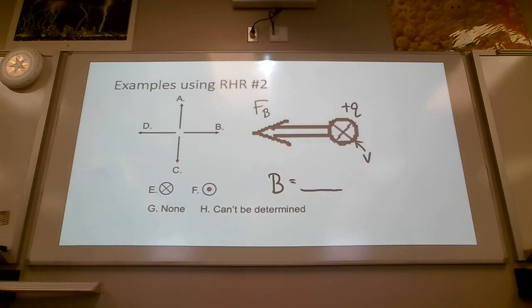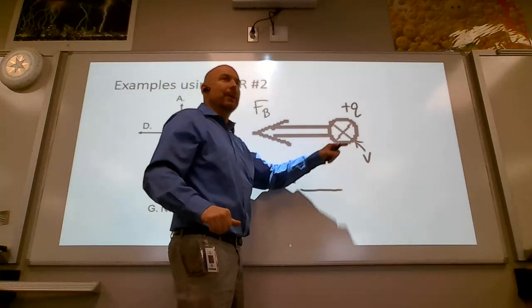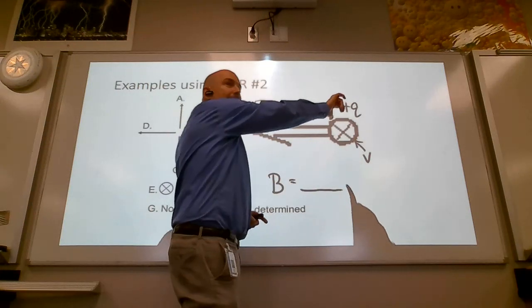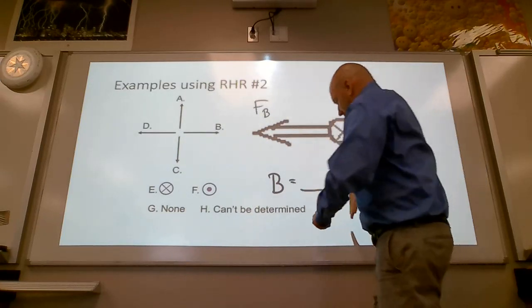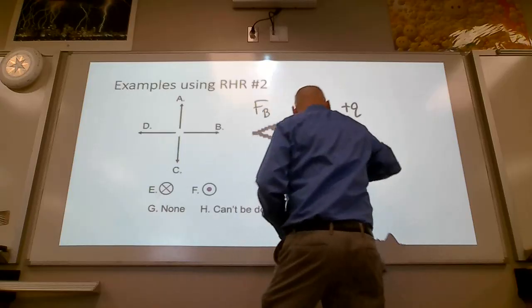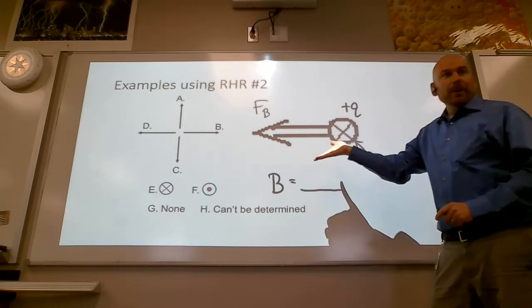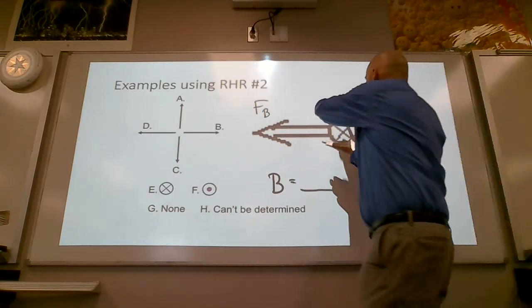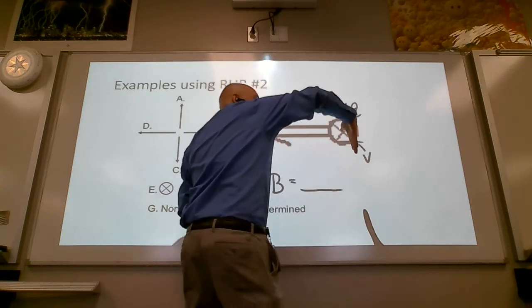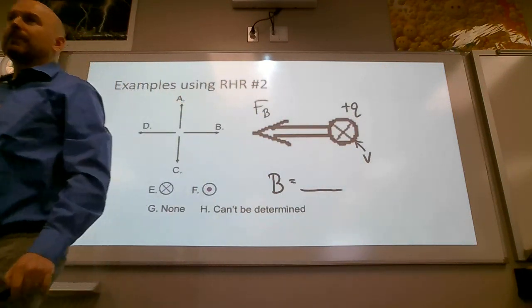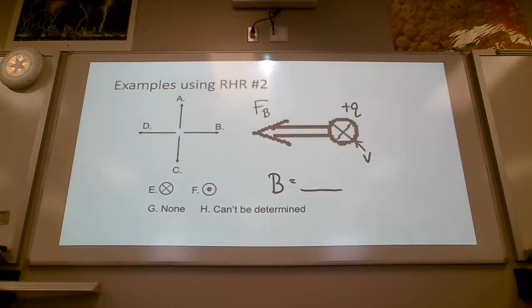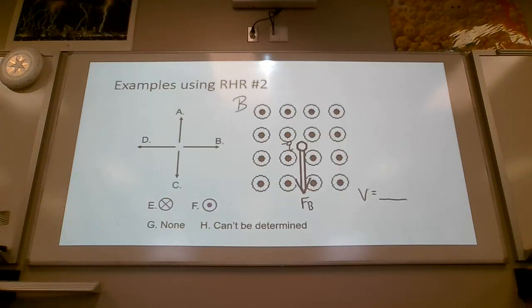So I'm going to say velocity is going into the page. So I'm sticking my thumb into the page. So now I'm stuck. Now I'm going to move my palm, because it's positively charged, to face to the left. Fingers are going down. Good? Okay.